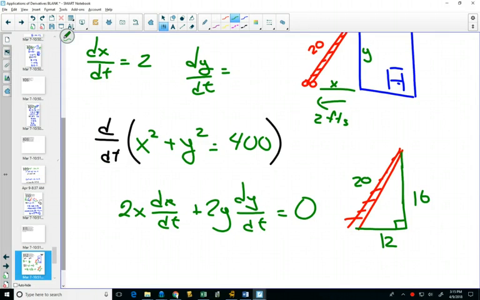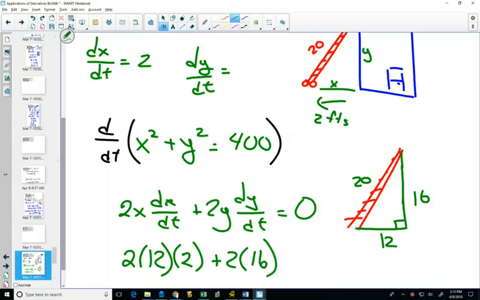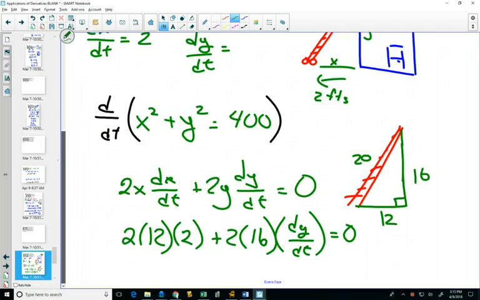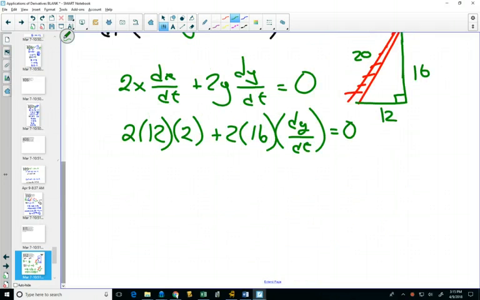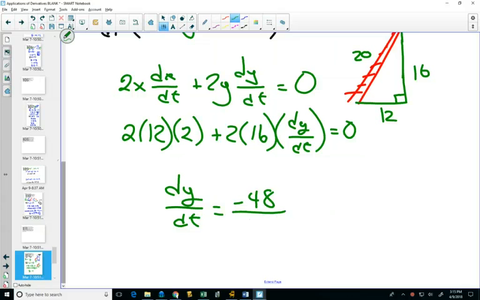And so we can plug in what we know. dx/dt was 2. At y is 16. dy/dt is what we want to find. Equals 0. Moving the 48 over to the other side and dividing by 32.